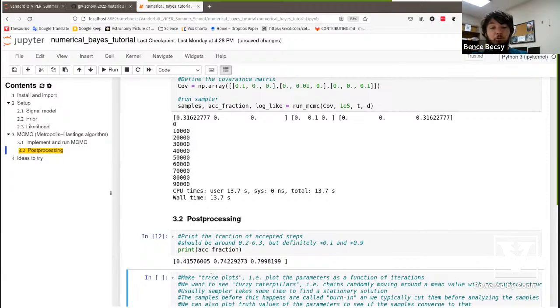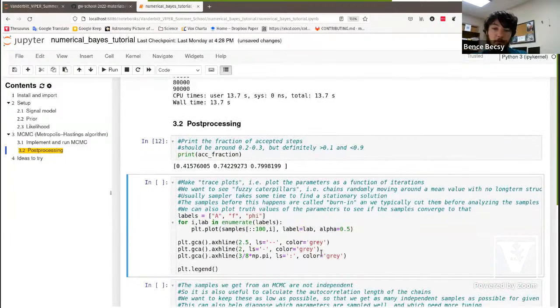If it's less than 0.1, then basically you are never accepting your jumps, so you are just wasting computational resources trying jumps that you won't accept. If you accept them all the time, then you basically lose the ability to explore the posterior. You are just doing a random walk in parameter space. So you definitely want reasonable values, not close to 1, not close to 0. And here, I think these look fairly good.